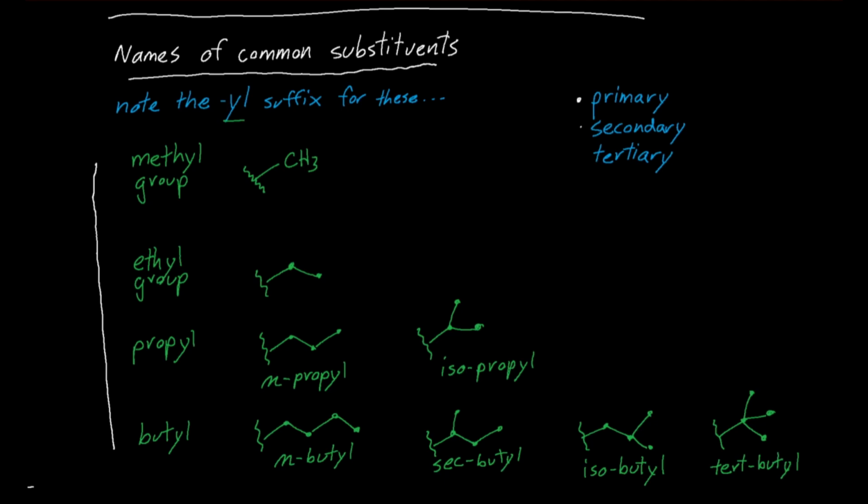The primary, secondary, and tertiary concept comes up over and over again in organic chemistry. What that refers to is that, for example, this carbon right here is a primary carbon because it's connected to only one other carbon. Primary carbon.